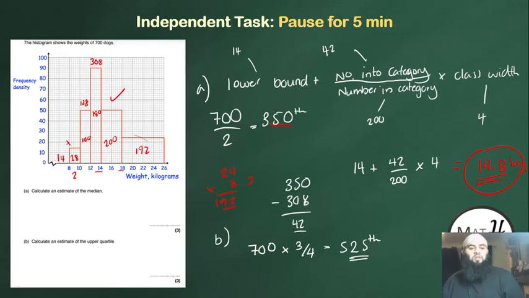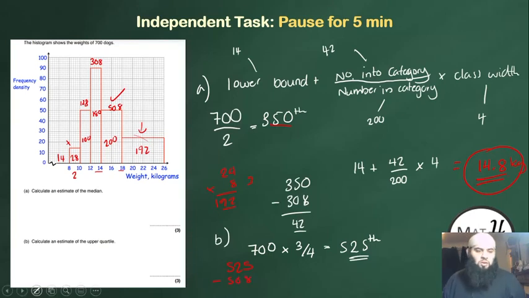All right, so that's 308 and 500, so this goes up to 508. So we're not looking at this category over here, we are looking at this one. How many numbers into category does it go into? Let's do 525 take away 508.